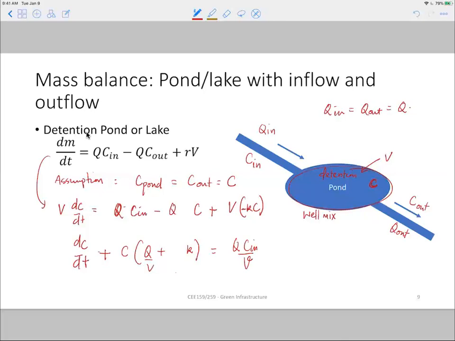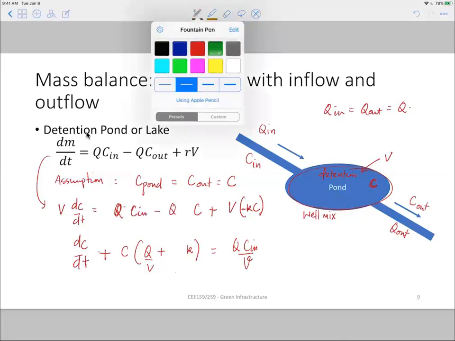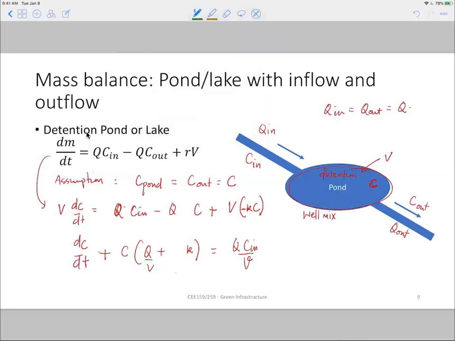If you see this form, it looks like a linear first order differential equation.